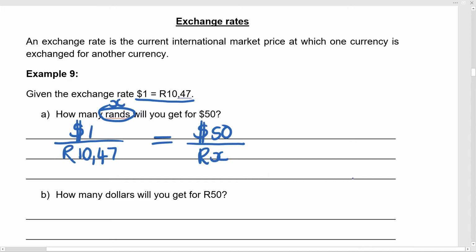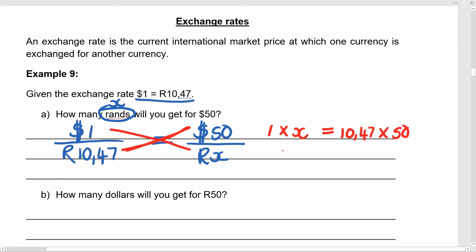Cross multiplying works like this. I say that one multiplied equals that one multiplied. So I'm going to say 1 times x. You can see I'm leaving off the currency units here because they really aren't material to what we're doing until the very last step. That equals this cross, which is 1047 times the 50.